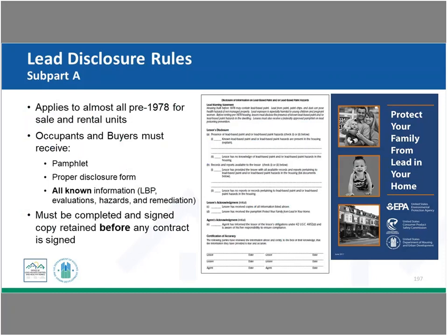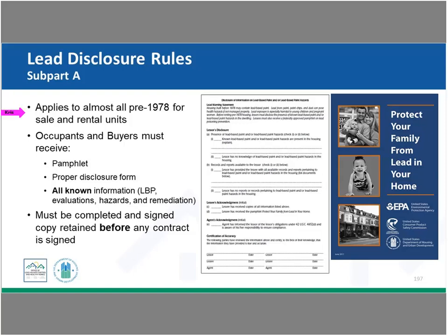The purpose was to provide information about lead-based paint hazards, and so the owner has to disclose any known lead-based paint or lead-based paint hazards in the unit or the common areas servicing the unit. And what do I mean by common areas? This could be the hallways, the laundry room, a garage, any exterior services of a building. That's what we're calling the common areas.